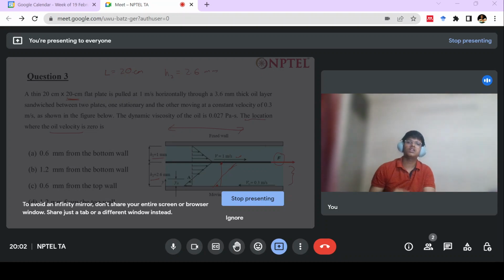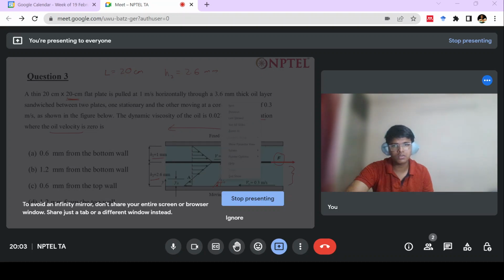This is almost two orders of magnitude smaller, so we can consider this a very narrow gap. The fluid variation will be linear, so we have a linear equation, and we have to find where this becomes zero.